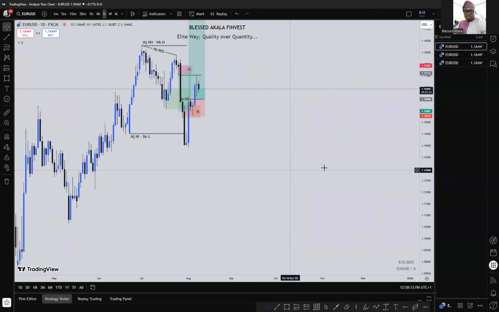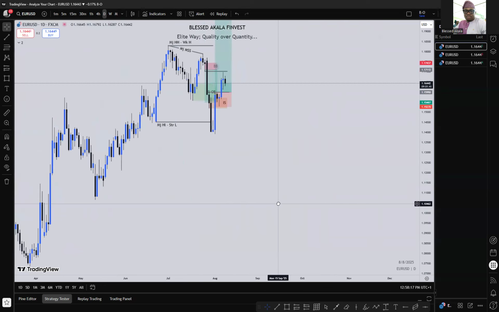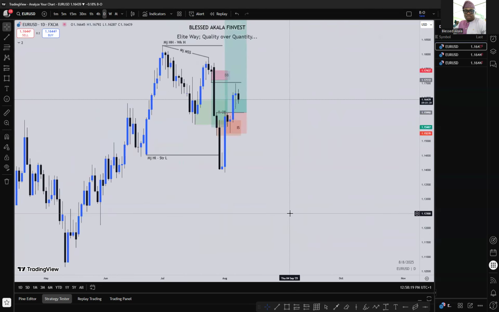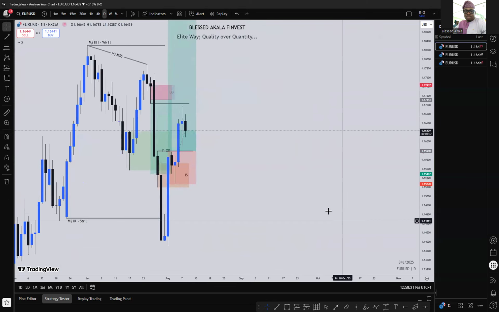So yes, we'll be having a trade from this particular level here. This will be our two trades in the market, but at least we'll be using this level to hedge out this particular trade if peradventure price gets to this level and sends price lower.